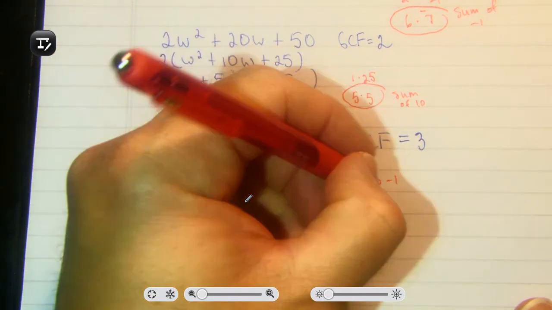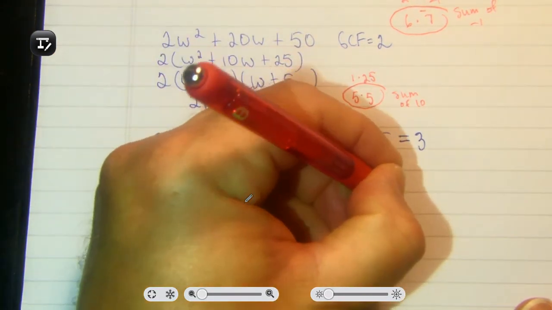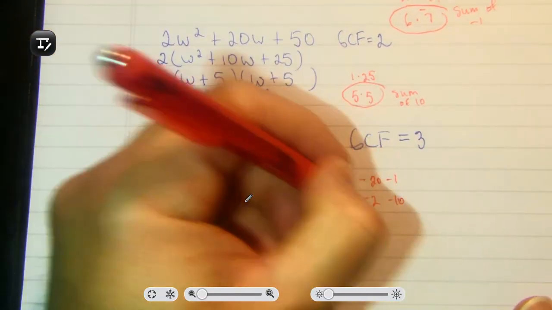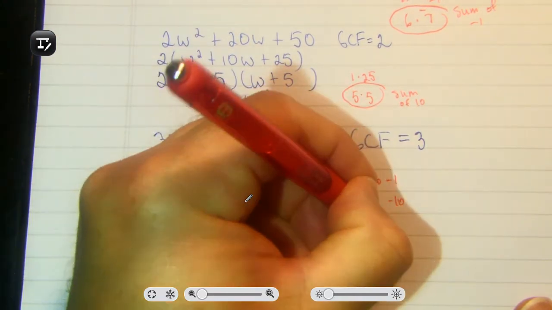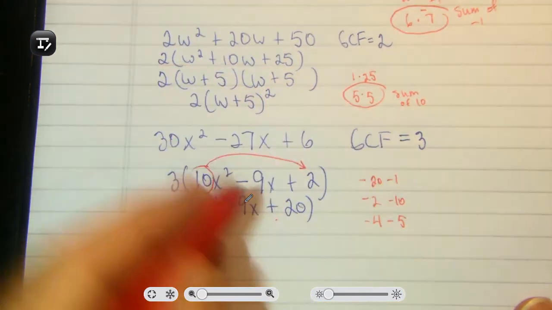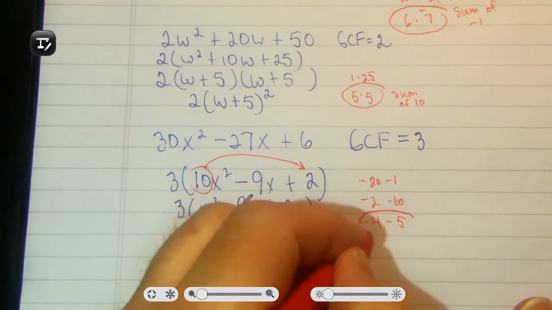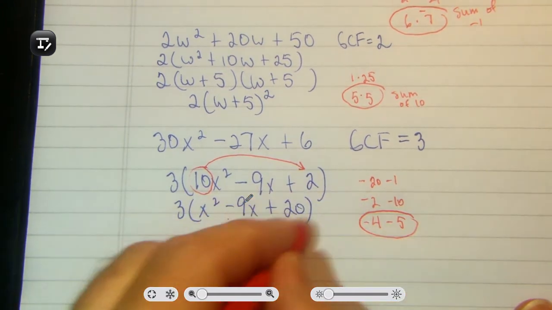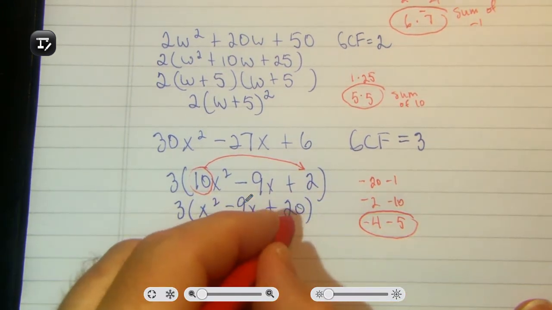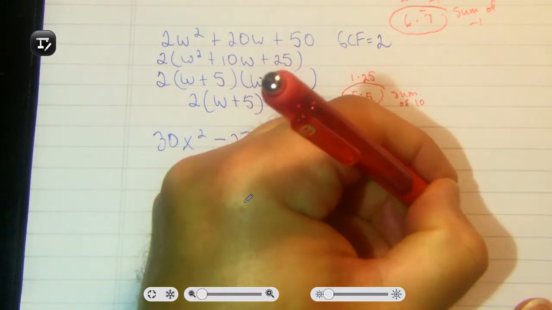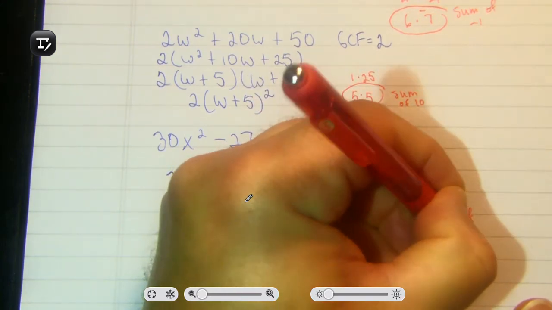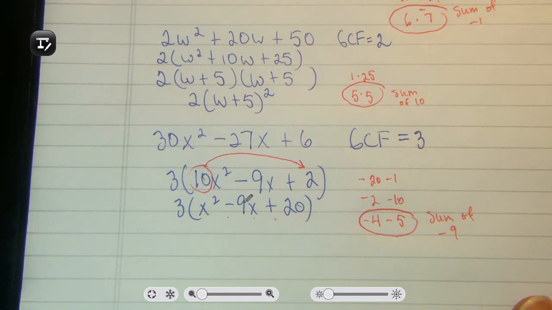Could also be negative 2, negative 10. 3 won't multiply into 20, but negative 4 and negative 5 will. When I multiply those two, it's a positive 20, but has a sum of negative 9. That's what I'm looking for. Bingo.